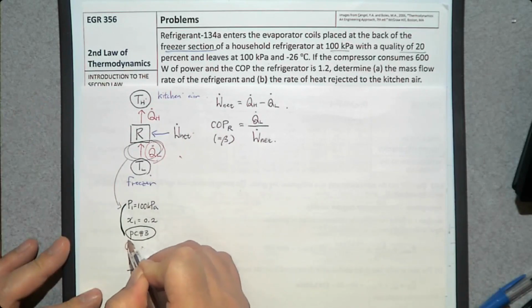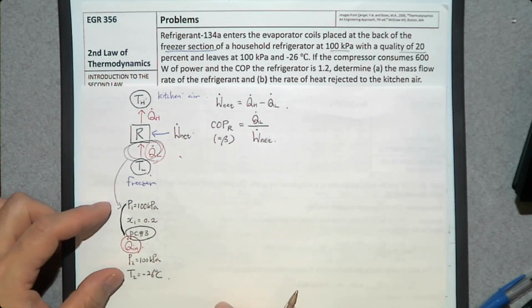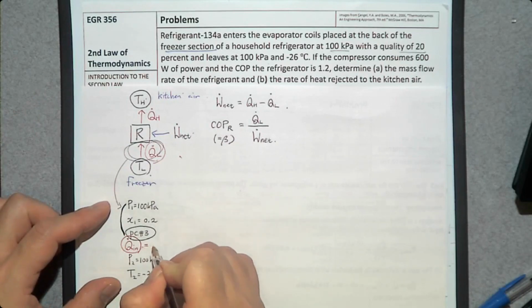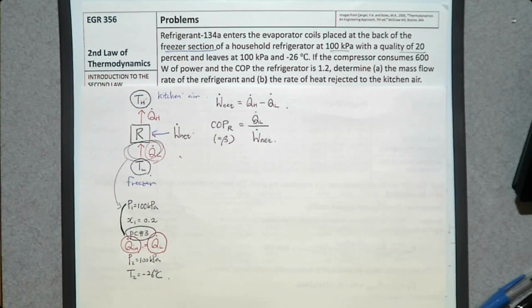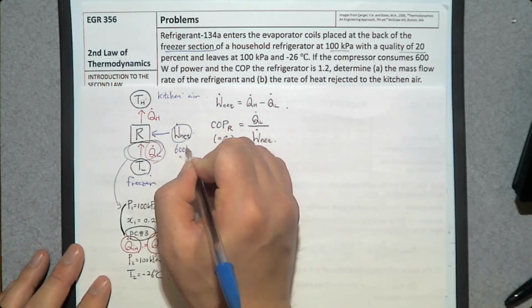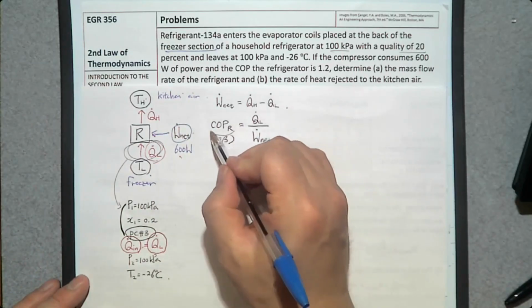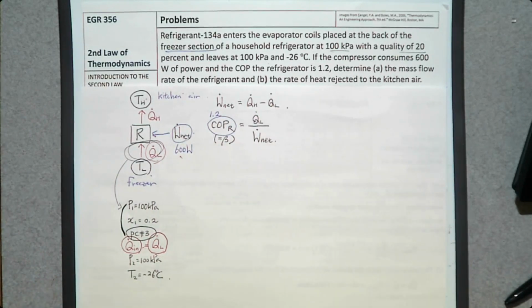So Q dot in for this refrigerant is going to be Q dot L in the refrigeration system, right? And we know the compressor consumes 600 watt. And the COP is given. COP is 1.2. Then we want to determine the rate of the refrigerant and the rate of heat rejection to the kitchen air. So let's do that.